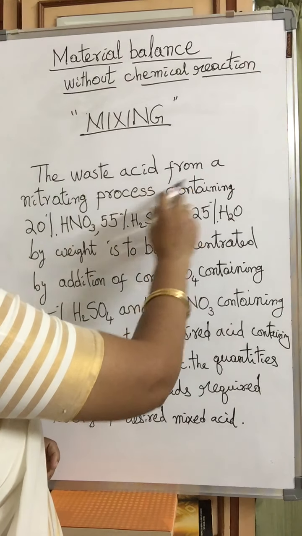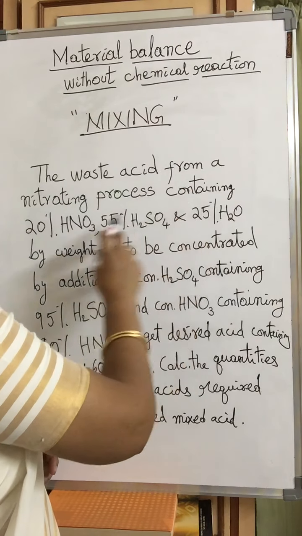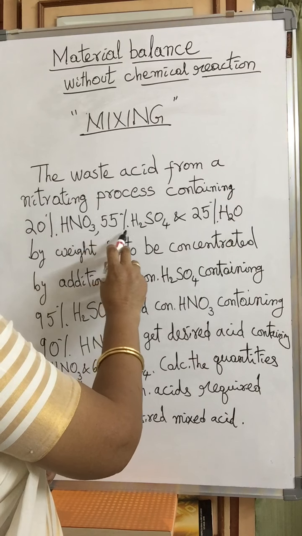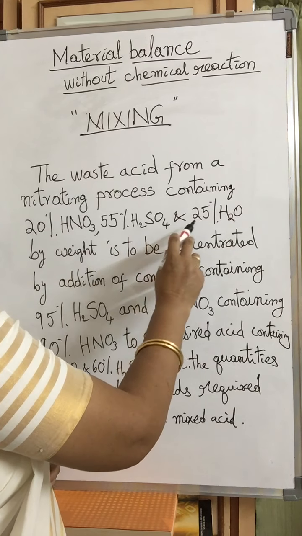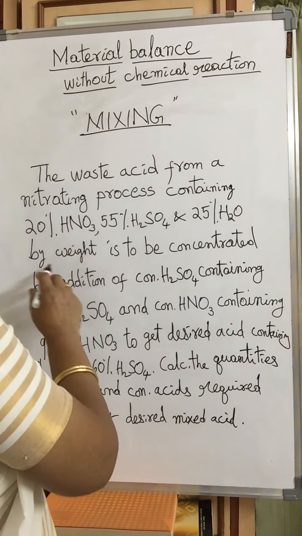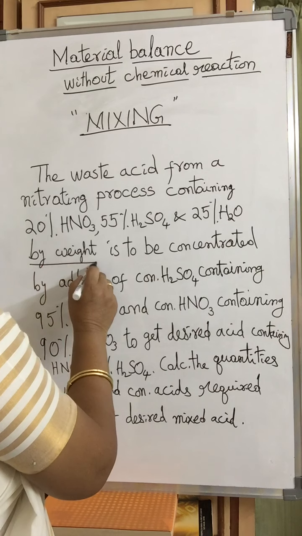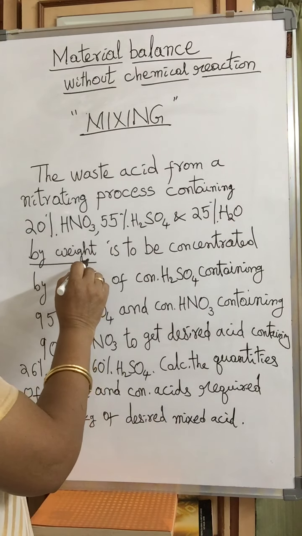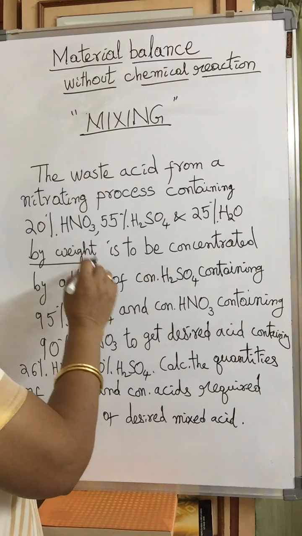The waste acid from a nitrating process containing 20% HNO3, 55% H2SO4 and 25% H2O by weight. By weight is important. Whenever percentages are given, you need to check first, is it by weight, by moles or what?